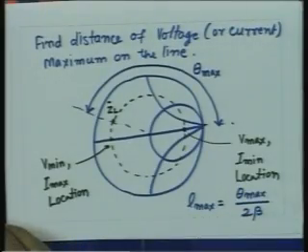Once you mark the impedance on this, draw the constant VSWR circle, just find the angle from this radius vector up to this horizontal line on the right hand side, and you will get this angle, which if you divide by 2 beta, you will get the distance of the voltage maximum. We will continue with this, and then in the next lecture we will use this information to find out the impedance just by looking at the standing wave patterns on the transmission line.